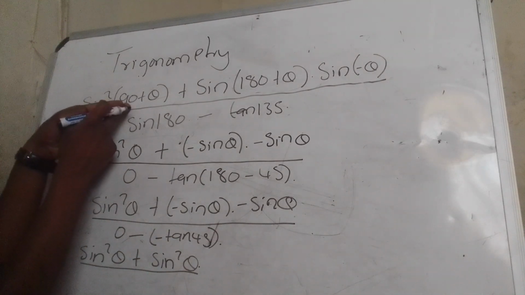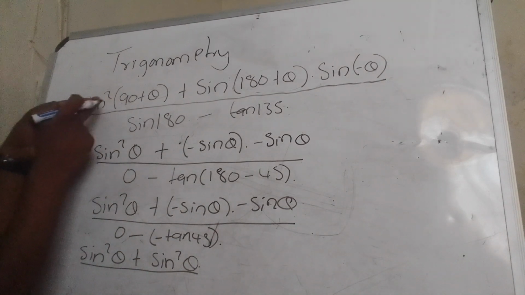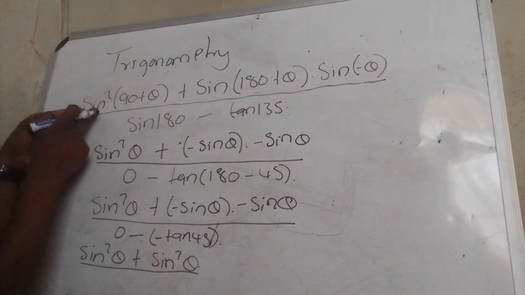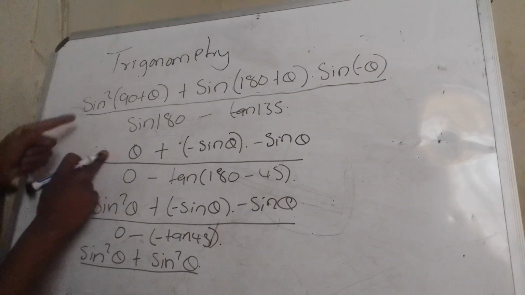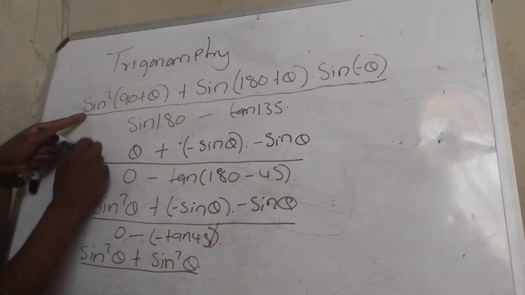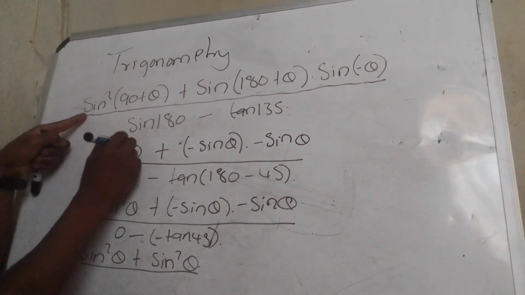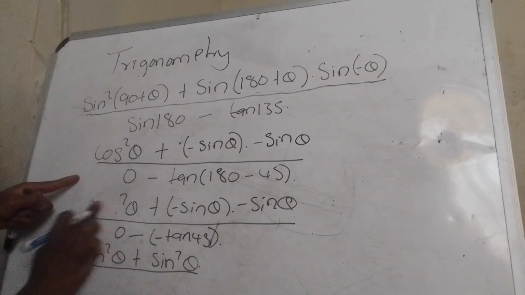We're having 90 here and sine here, so we're supposed to change this to its co-ratio, sine or cos. So sorry guys, I'm so sorry.